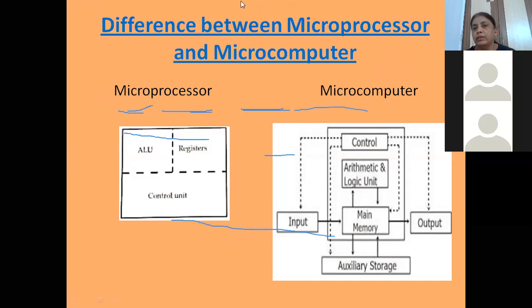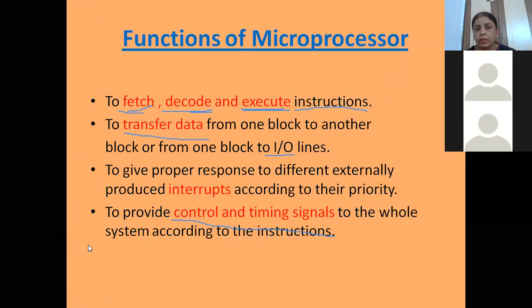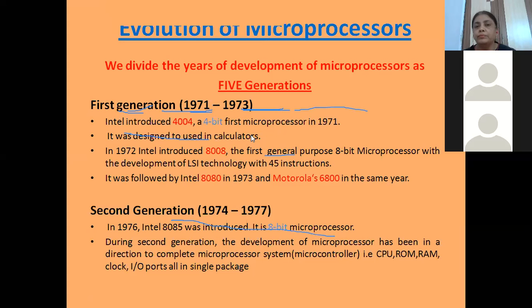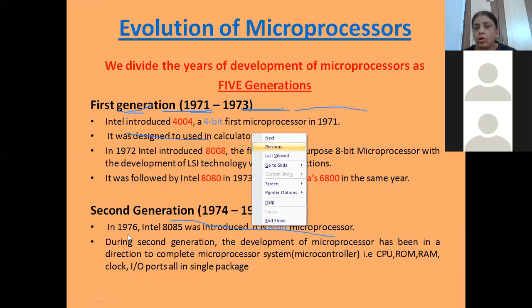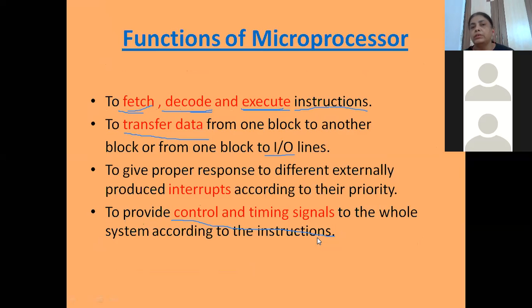Timing and control signal is provided by the microprocessor. So this is also a main function of microprocessor, that it will provide timing and control signals to the whole system according to the instruction. That is the third function of microprocessor.